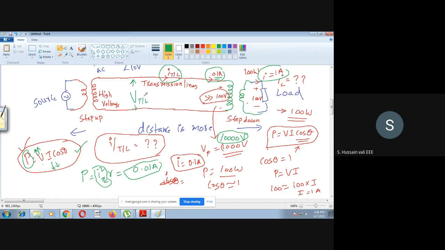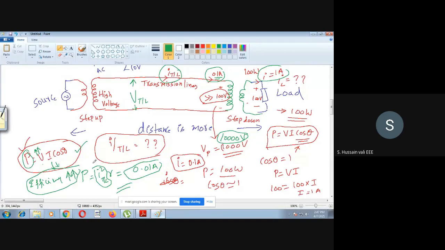If the transmission line voltage is more and more, then the current in the transmission line is very less. If the current in the transmission line is very less, then the power loss is also very less. If the power loss is very less, efficiency is higher. You see now.